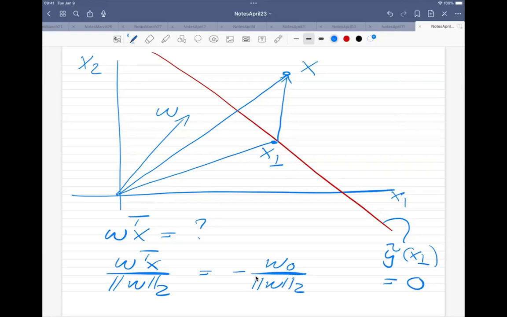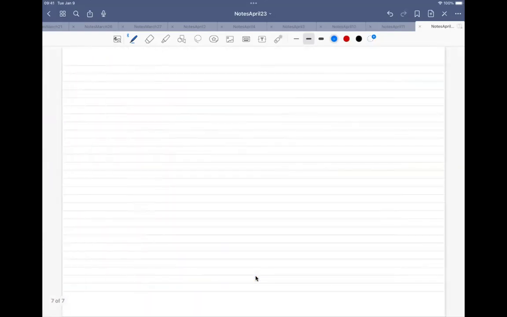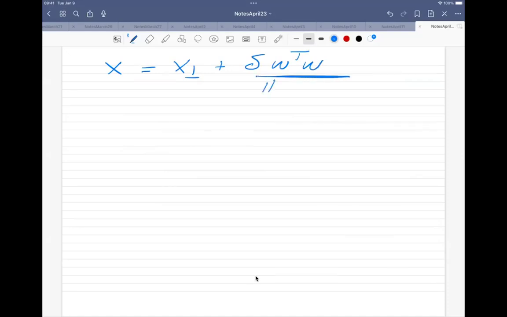And my point x is now going to be defined by x perpendicular, the perpendicular point, plus an addition, which is going to be given by a constant delta. This constant delta is now given by w^T, the transpose, divided by the norm.